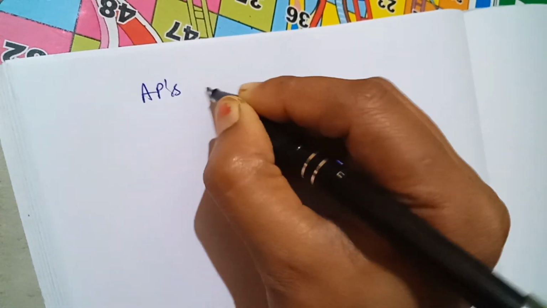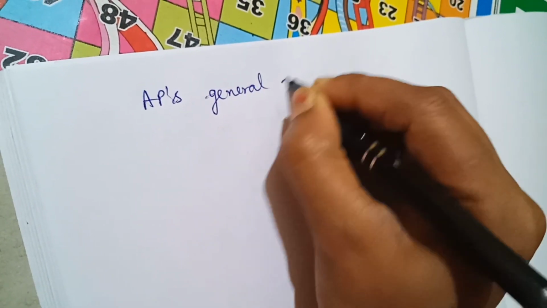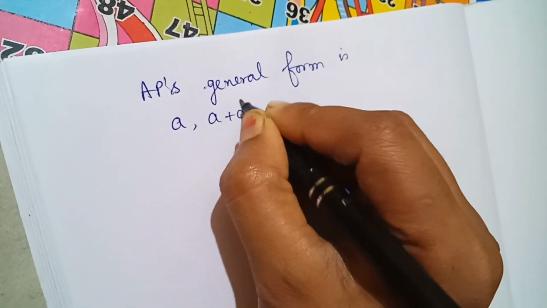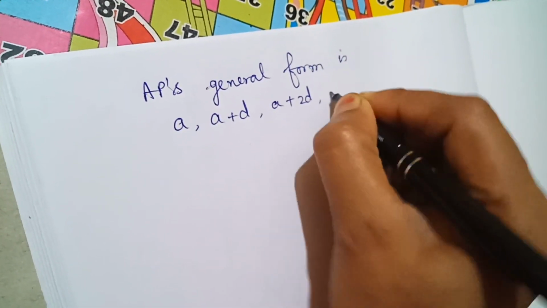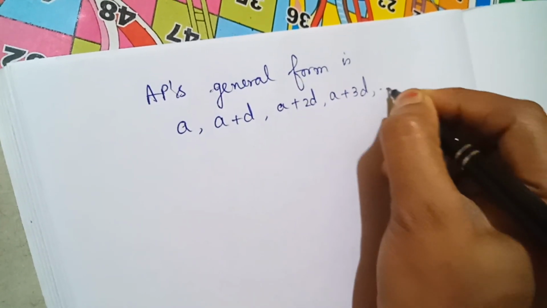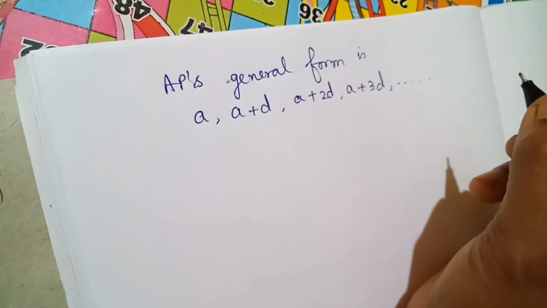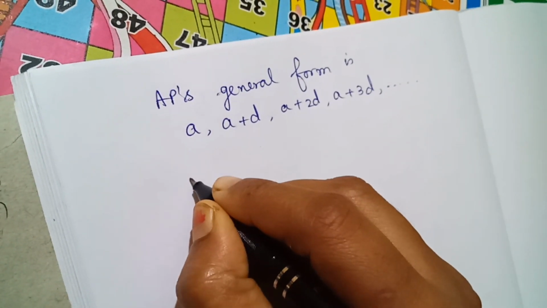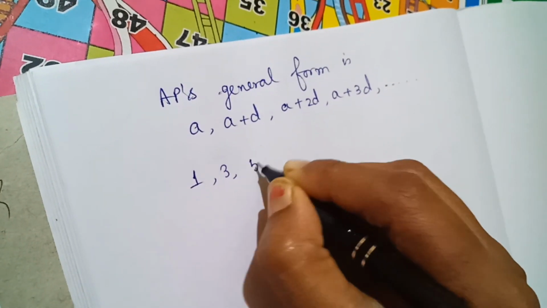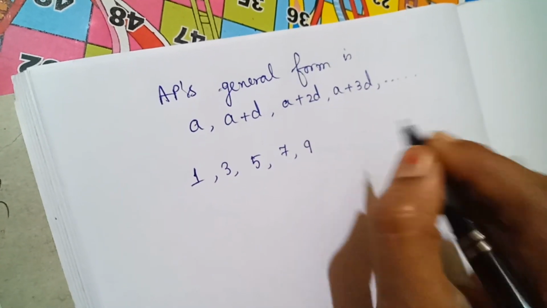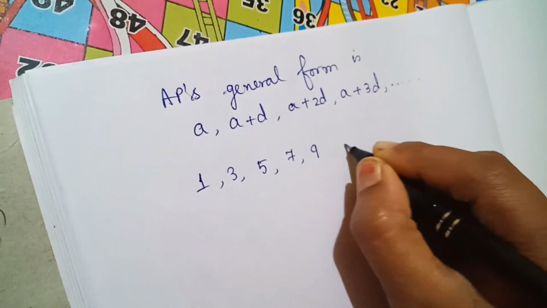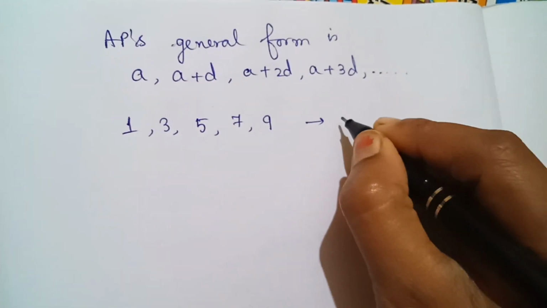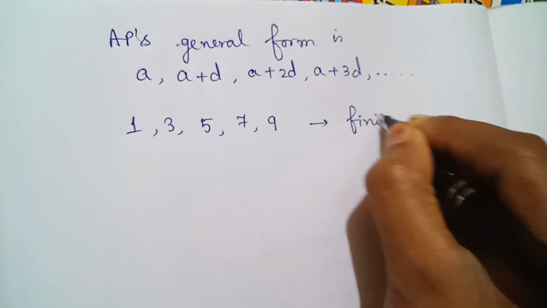Okay, so we can say that the AP's general form is A, A plus D, A plus 2D, A plus 3D, and so on. Now, if we have an AP like 1, 3, 5, 7, 9 and it stops there, then it is quite obvious that in this AP 5 terms are there and that 5 is finite, so this is called a finite AP.